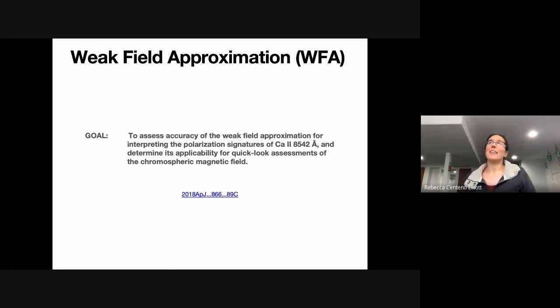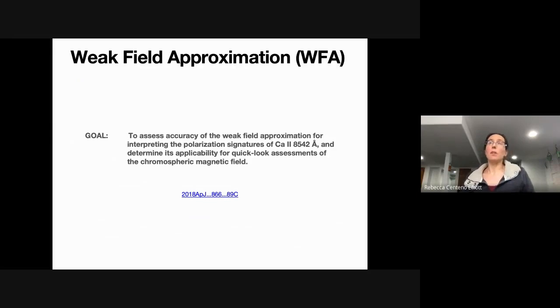It relies on the Zeeman splitting being a lot smaller than the Doppler width of the spectral line. If you remember that I said earlier, the Zeeman splitting is proportional to the magnetic field strength. And the Doppler width of the spectral line is just the natural width that that line would have under the same thermodynamical conditions in the absence of a magnetic field.